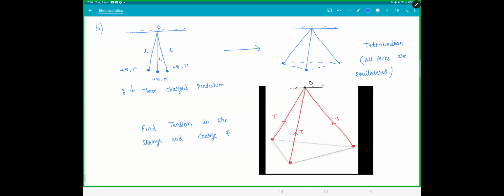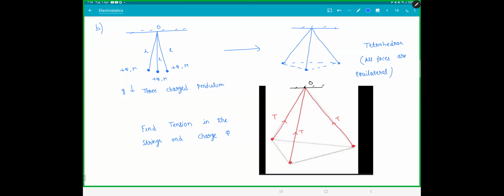Let's get this. I can extend this problem more. I can put n charges. Then we'll get an n-sided polygon at the bottom. The game is similar, but yeah, I think this should give you an idea.